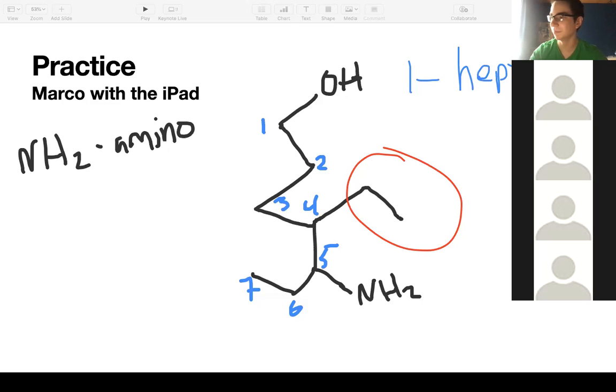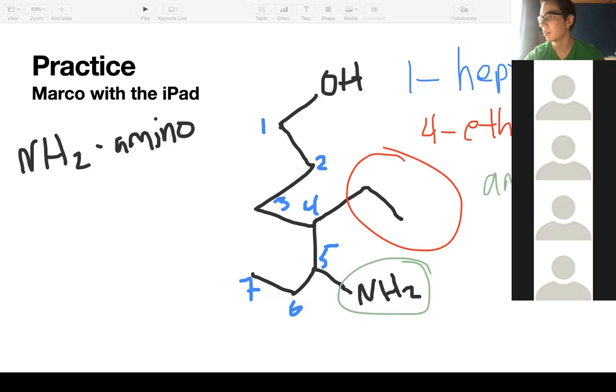So we got ethyl, and it's sticking out of carbon 4. 4-ethyl. What about this amino right here? So we got amino. And where's it sticking out of? So it's sticking out of carbon 5.